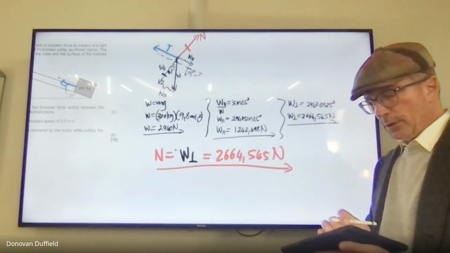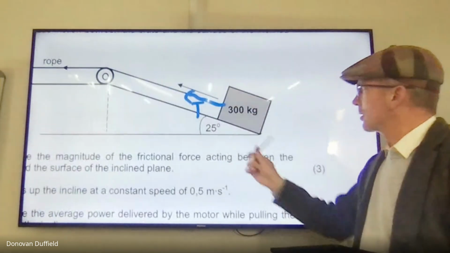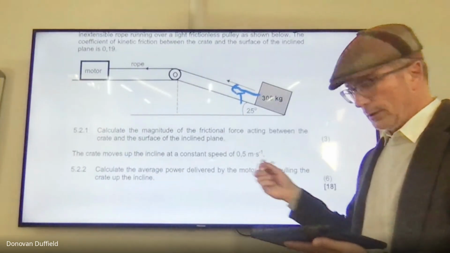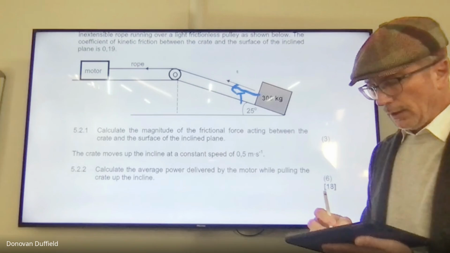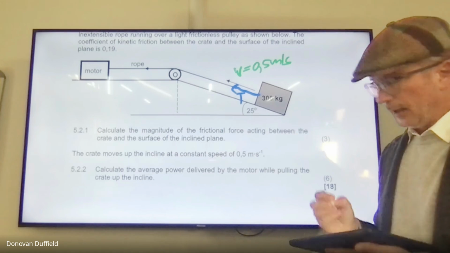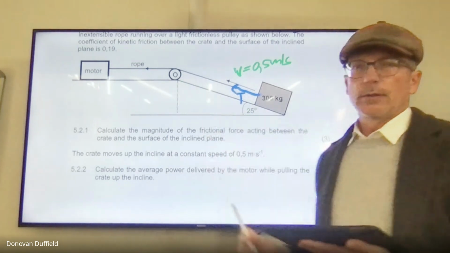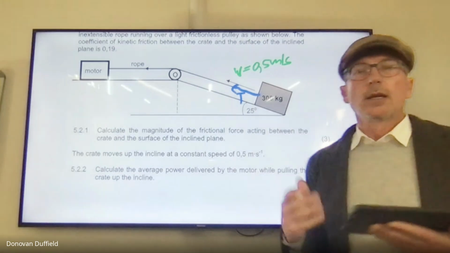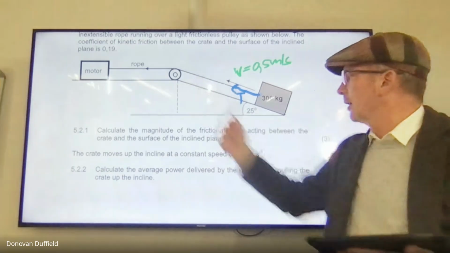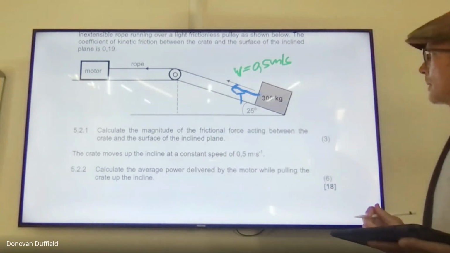Now, because the motion is up the slope at a constant speed, the velocity is going to be 5 meters per second up the slope. The magnitude of the velocity equals the speed because it's in a straight line, that's 5 meters per second.